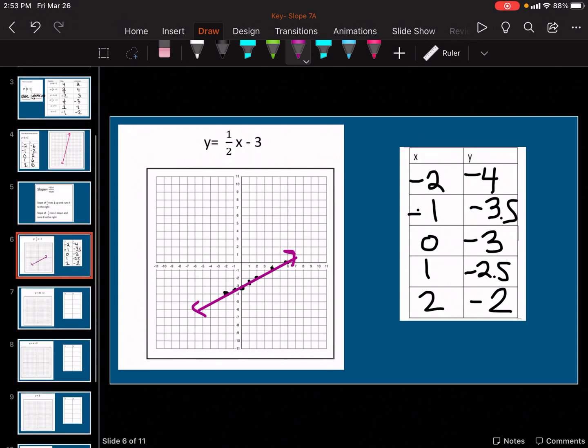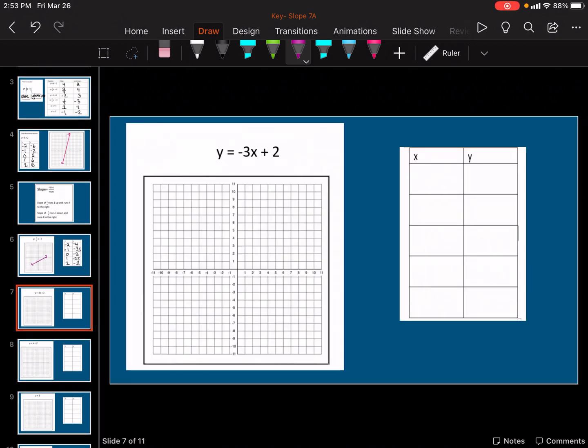Okay. So here we go. The slope is -3 over 1. Your y-intercept is going to be at 0, 2, because you plug in 0. So -2, -1, 1, 2. -3 times -2 plus 2 gets me 8.